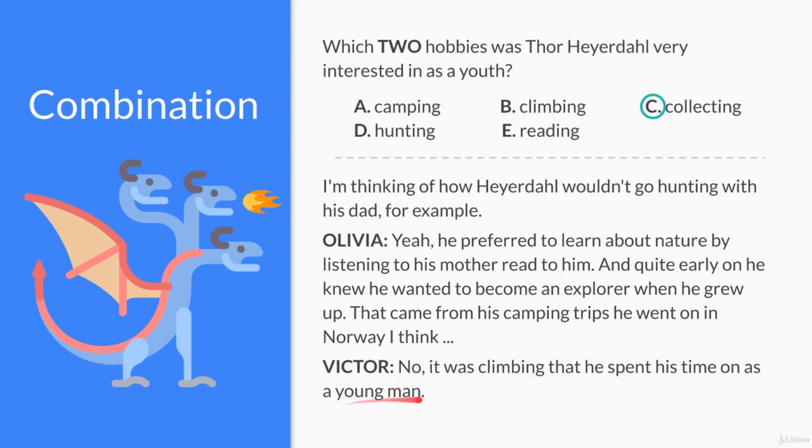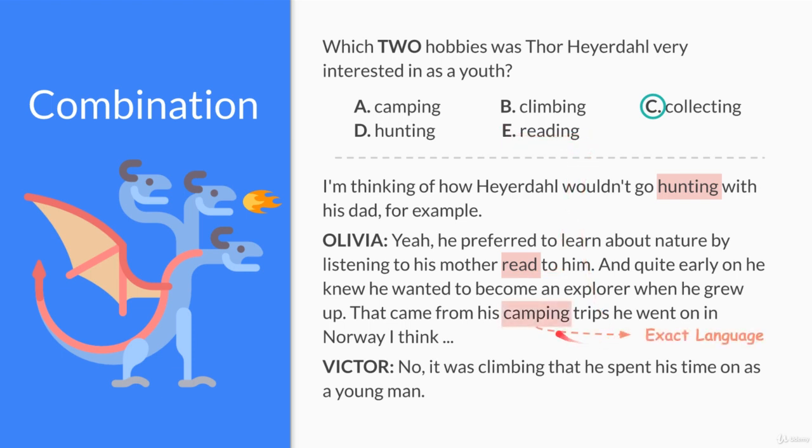Okay, so young man is synonym for youth. Right here we have the keyword hunting. So hunting is the word that appears here, right? Is that the right answer though? This may just be an exact language trap. So you always have to pay attention to the meaning. Here we have another word, read, and right here it talks about reading.